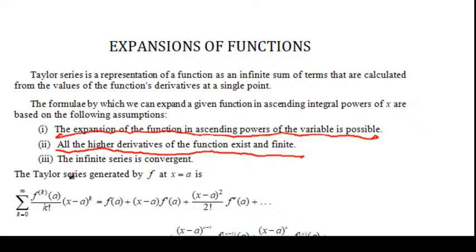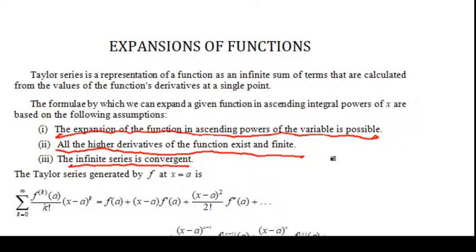Another thing is this, an infinite series. The infinite series must be a convergent series. In your previous classes, you have seen that there are so many series which converge, and also there are series which do not converge.